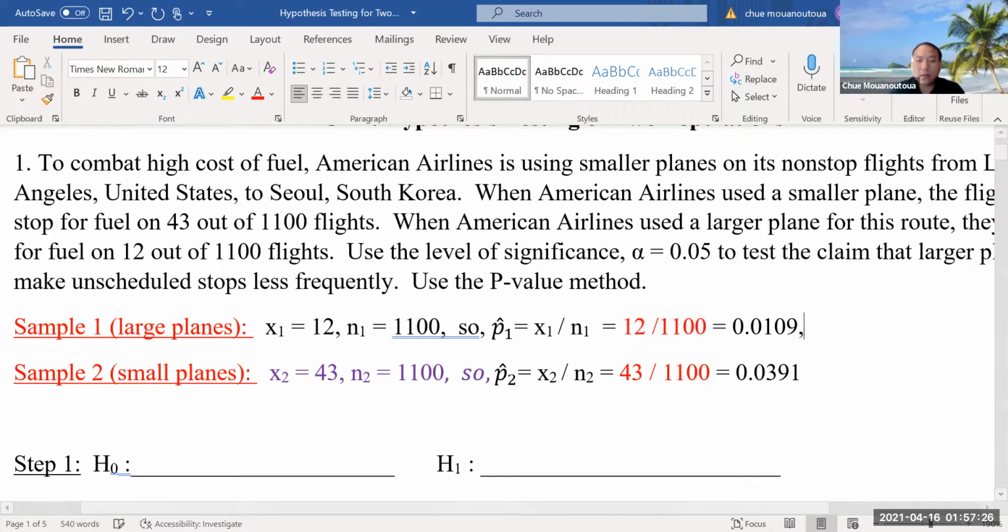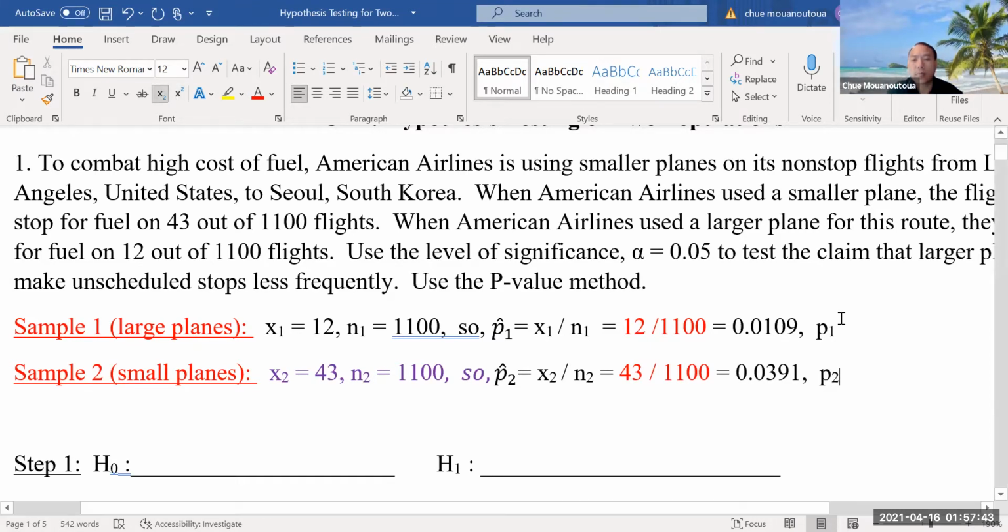Now, you can see that p1 will go with the larger plane, and p2 will go with the smaller plane.